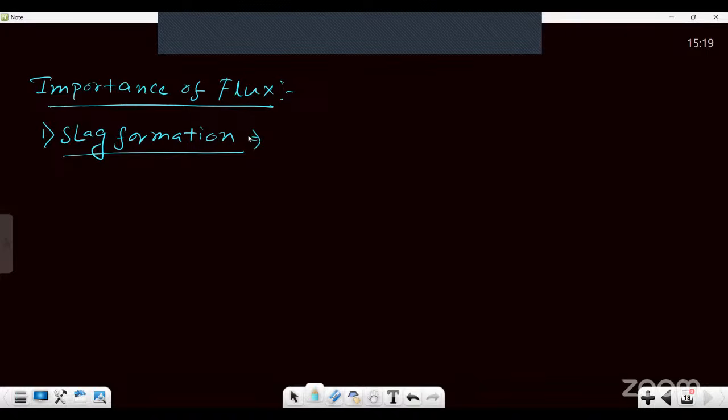Flux combines chemically with gangue and forms fusible slag that separates from the metal. This is something very, very important.